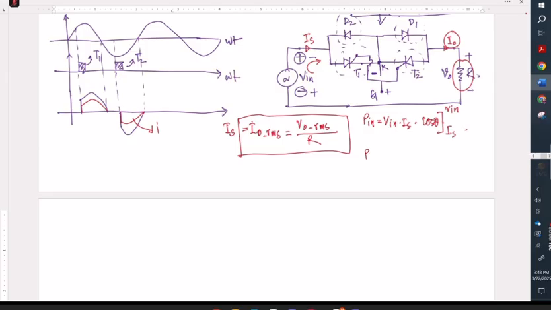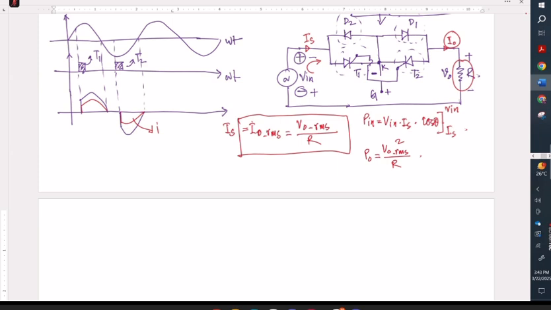And what should be your output power? It should be V naught RMS whole square divided by R, right? Any confusion regarding this? No, sir.